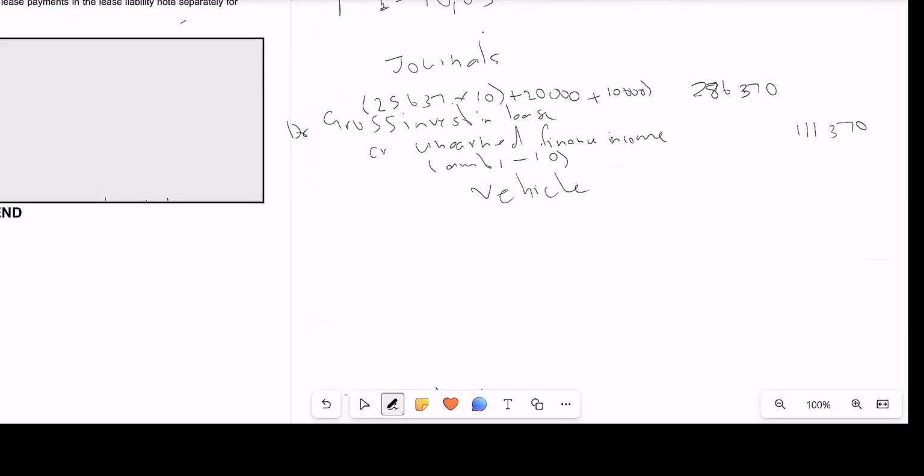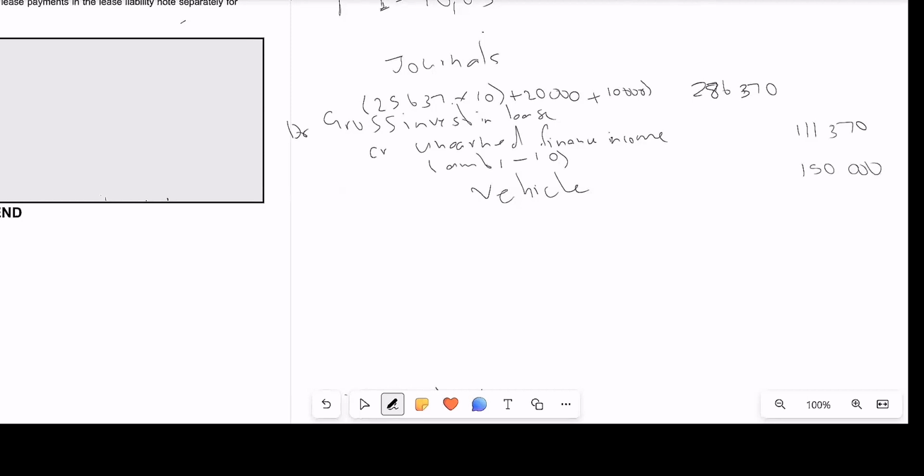If we're doing lessor accounting and it's a finance lease, we're going to have to derecognize the value of the vehicle. But since it wasn't given, let's just say the initial cost was 150.